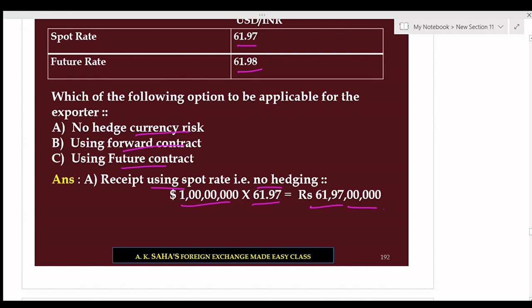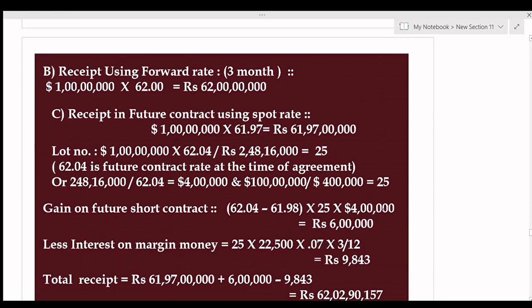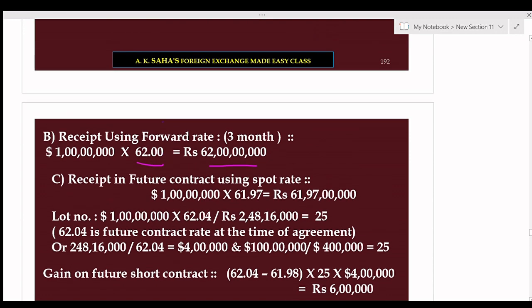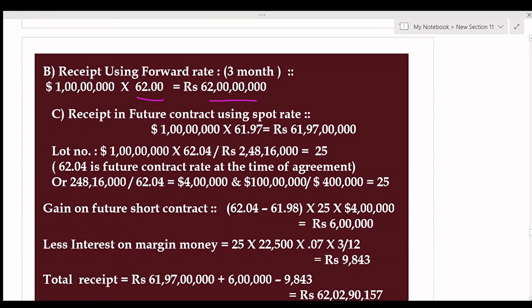Using forward rate after 3 months, you just multiply with the forward rate and you will get 62 crores. Before, 61 crore 97 lakhs is the spot rate realization, and in the forward rate 62 crores.